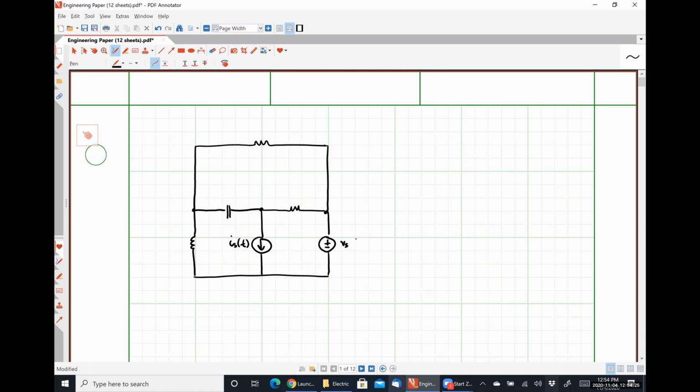So this will be IS of t, this will be VS of t. Let's say that IS of t is 25 sine 10 to the 3t amps, and VS of t is 15 cosine 10 to the 3t volts, excuse me.